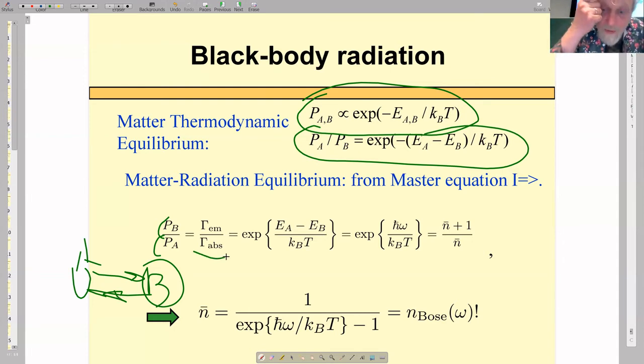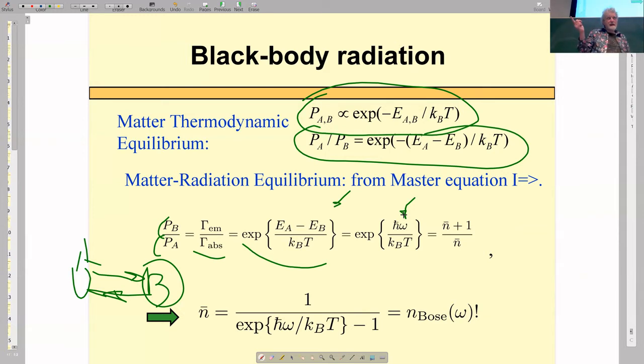Fine. And both in quantum state, both in the state of thermodynamic equilibrium must be like this. From the other hand, the energy conservation implies that the energy difference is just the same as the energy of the photon, which is expressed in terms of frequency. All right. So that's what I get from thermodynamic equilibrium.